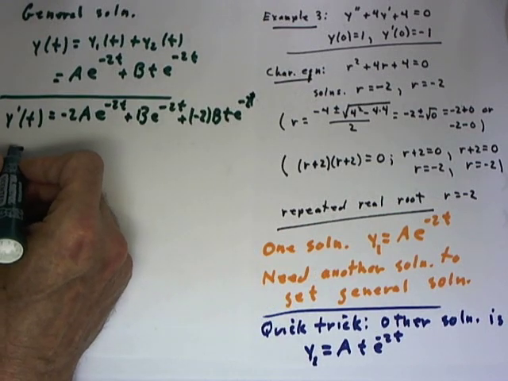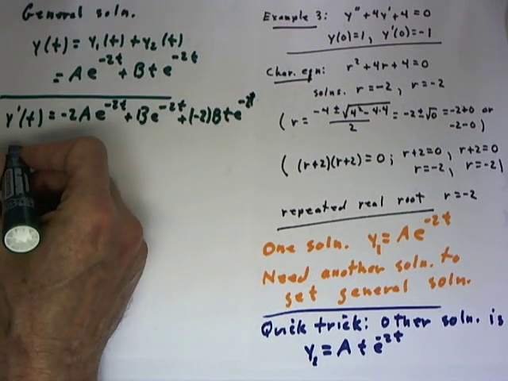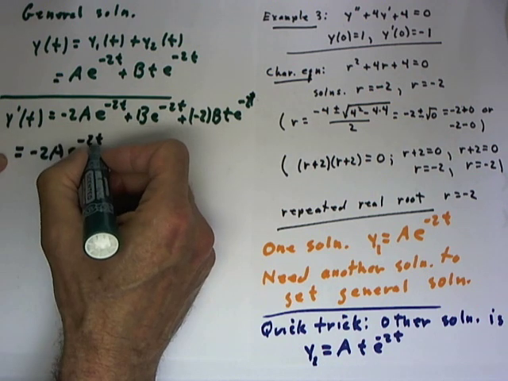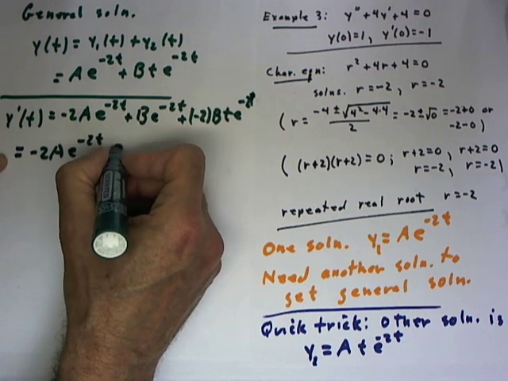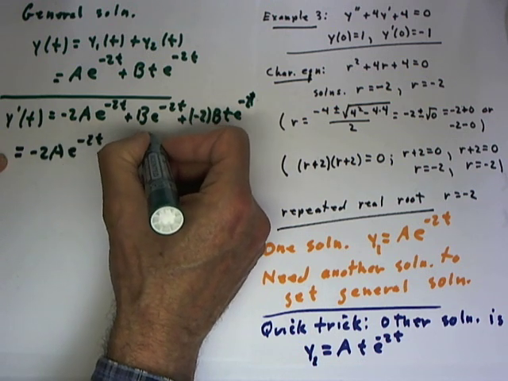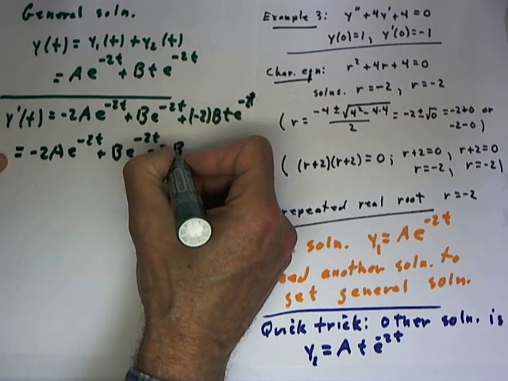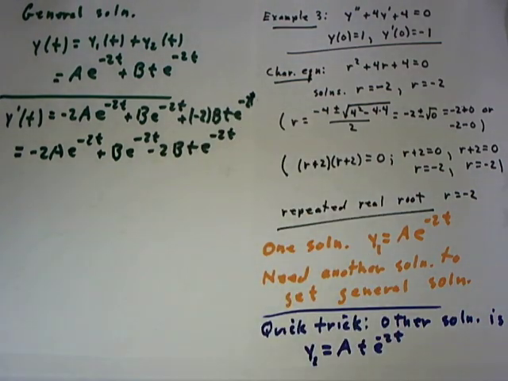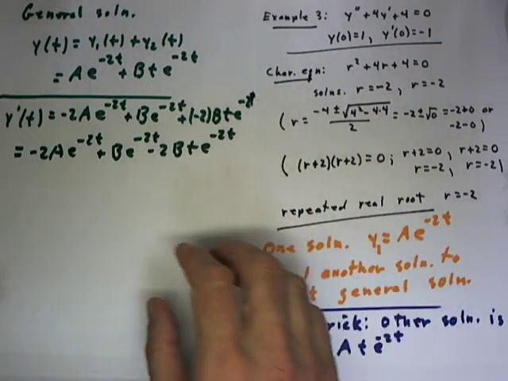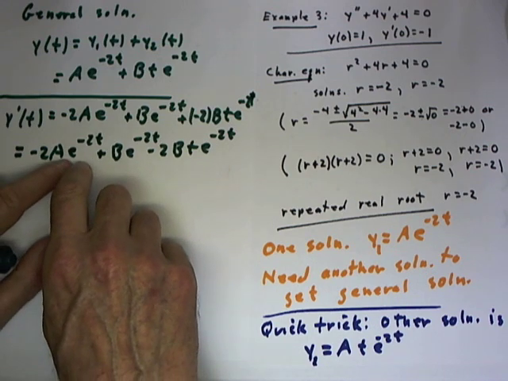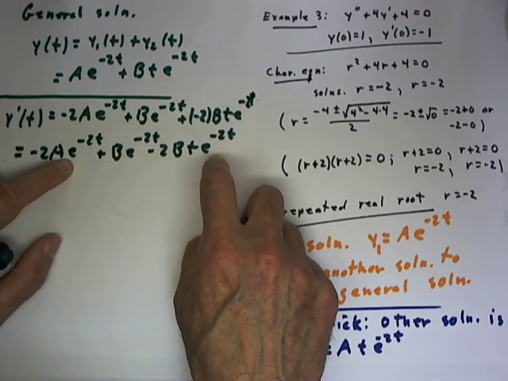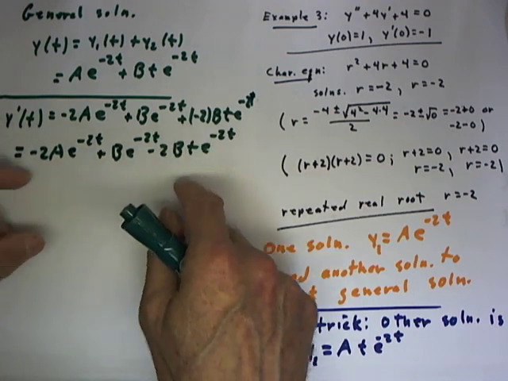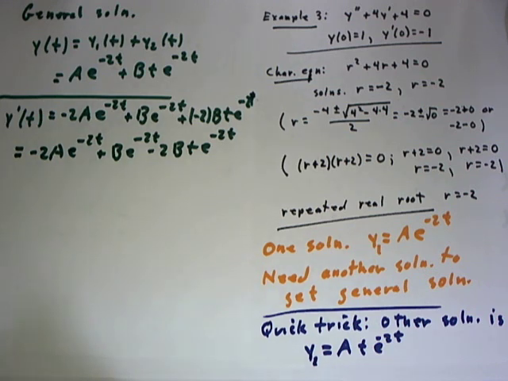So our derivative is negative 2a e to the negative 2t plus b e to the negative 2t minus 2b t e to the negative 2t. We don't need to do it here, but notice that we could, of course, factor out the e to the negative 2t. So we have just 3 terms adding up to the coefficient of e to the negative 2t.